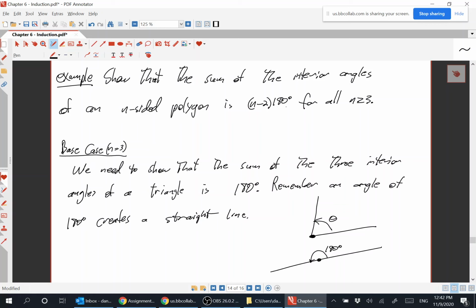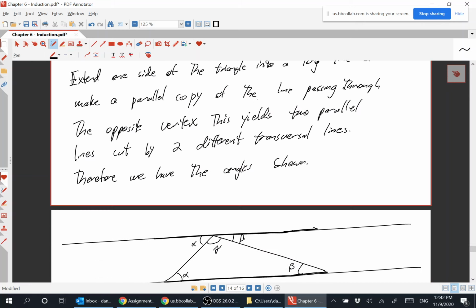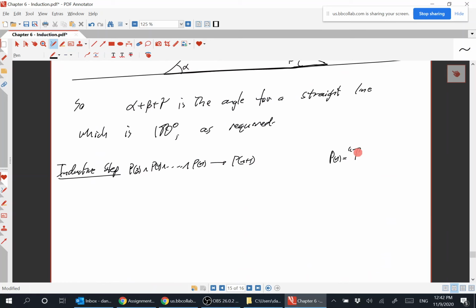Show the sum of the interior angles of an n-sided polygon is n minus 2 times 180. Not to show that, but the sum of the interior angles. Yeah. So Pn is: the sum of the interior angles of an n-sided polygon is n minus 2 times 180 degrees. Okay, so that's Pn in this case.